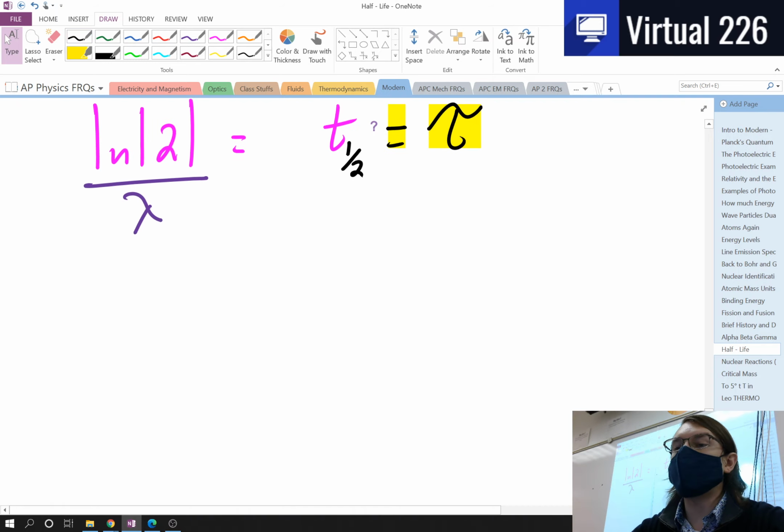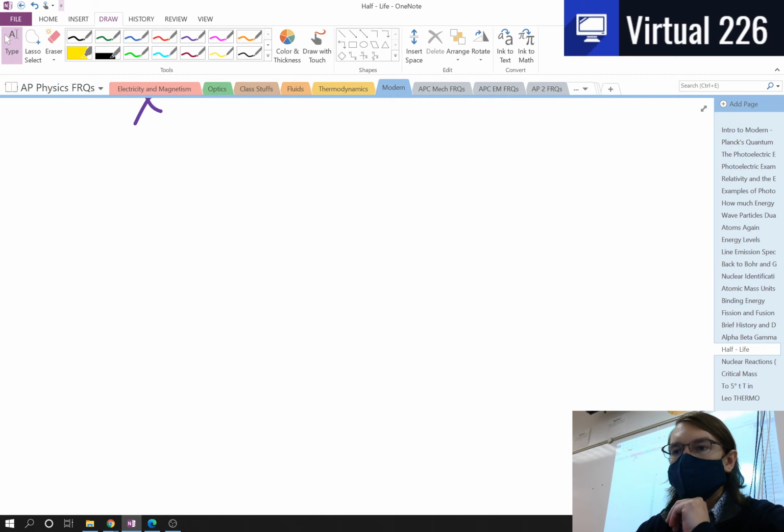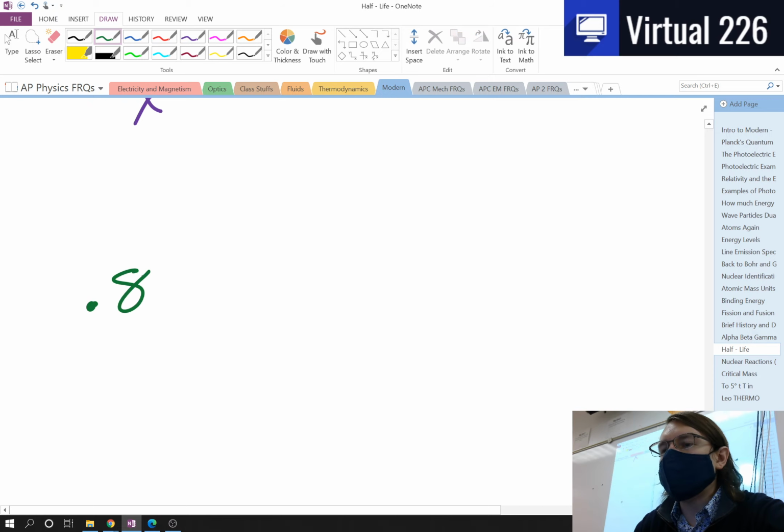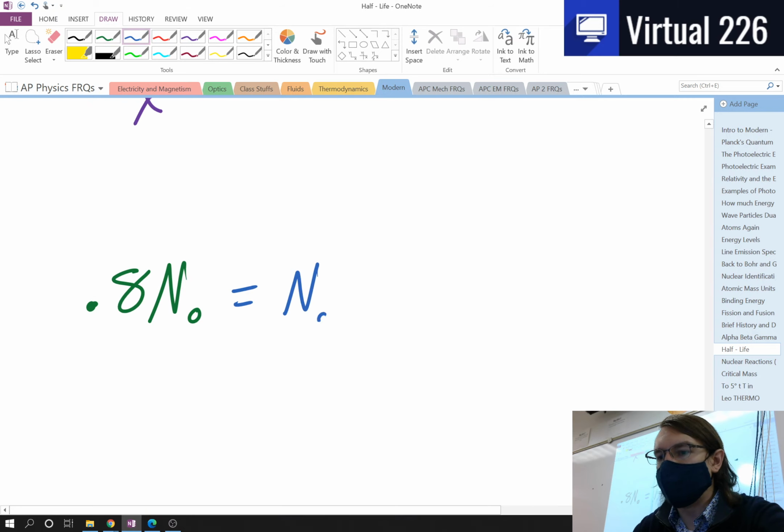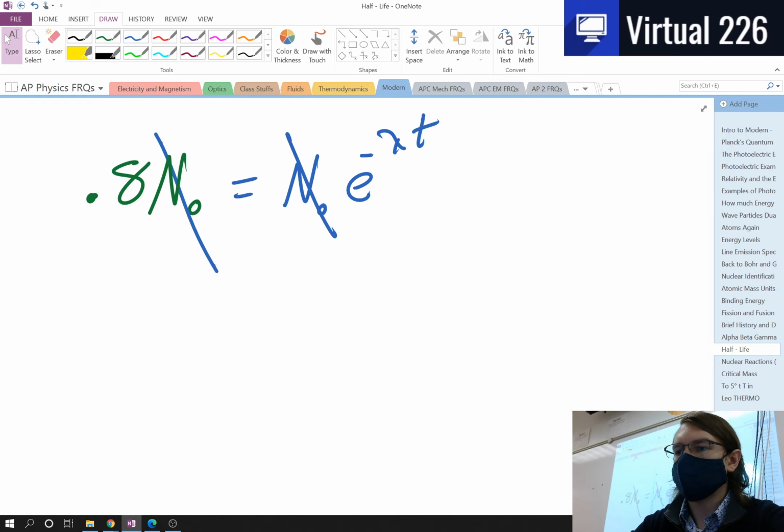Okay, so with this in mind, what we can also do is use this equation to figure out how long it's going to take to get us to a percentage. So let's pretend that we want to say, hey, I've got 80% or 0.8 of the original amount. How long would that take? Well, using this idea, we can say 0.8 n naught equals n naught e to the minus lambda t. This gets rid of the n naughts again, which is very nice.